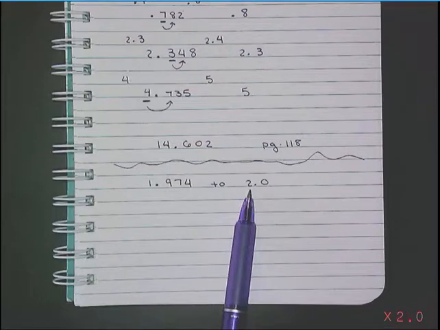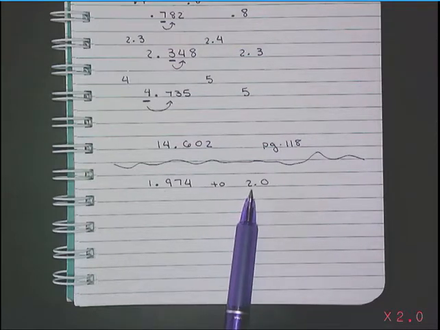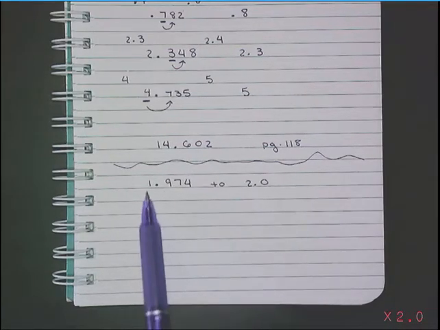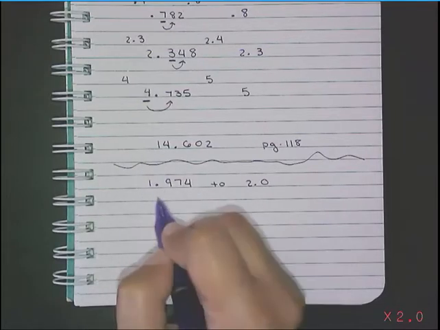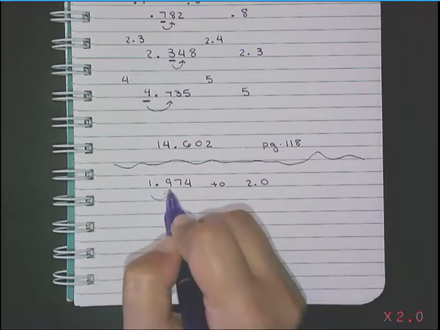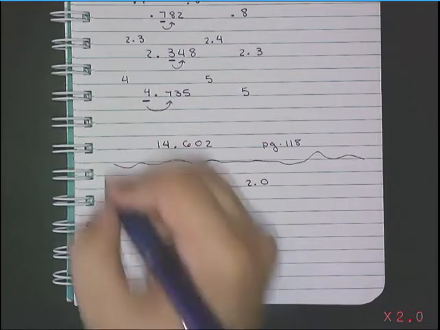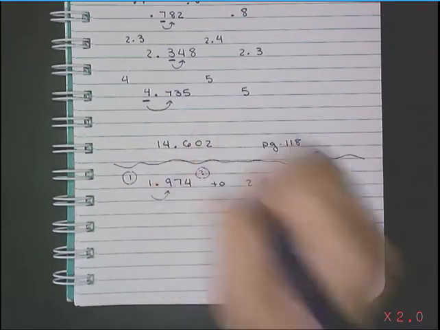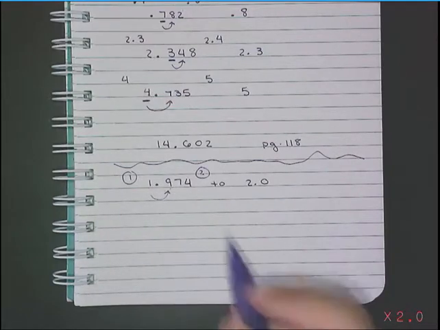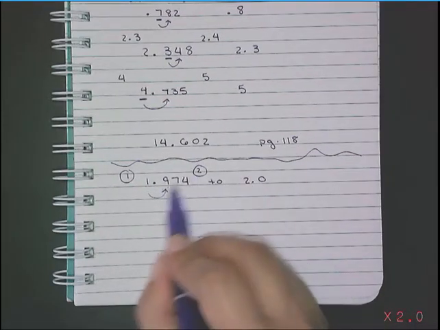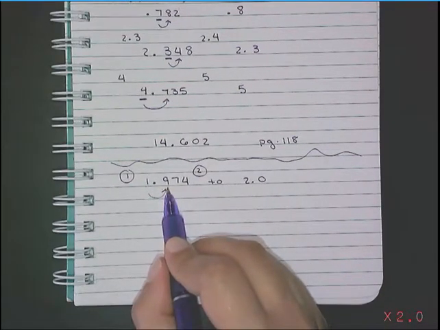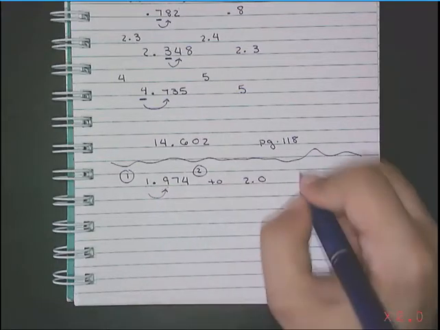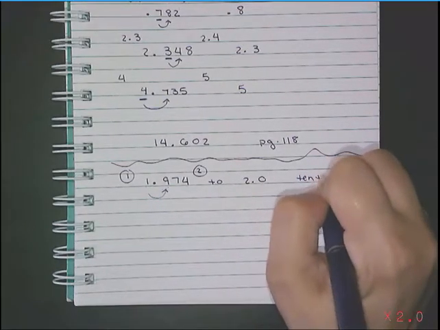So you want to look at the number that changed and is farthest to the right. Because this became a 2, that 9 is going to make that 2, because we're trying to figure out, is it closer to 1 or is it closer to 2? Because they rounded to 2, I know that they rounded to the nearest tenth. So this one is tenth.